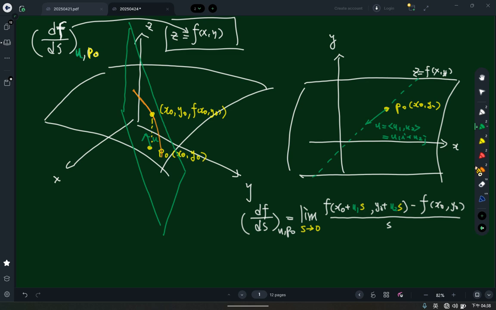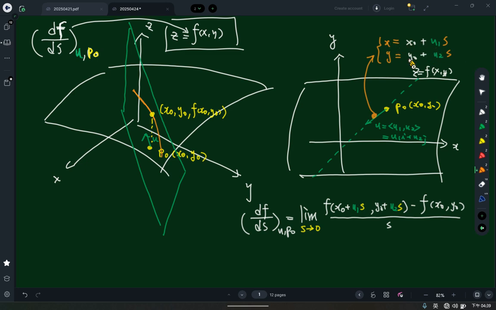So all points in a line you can express as x, y equal to the start point x0, y0 plus s times u1, u2. Did you notice that actually this is a parametric equation, right?